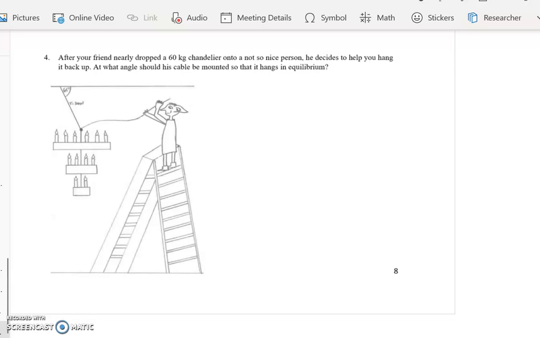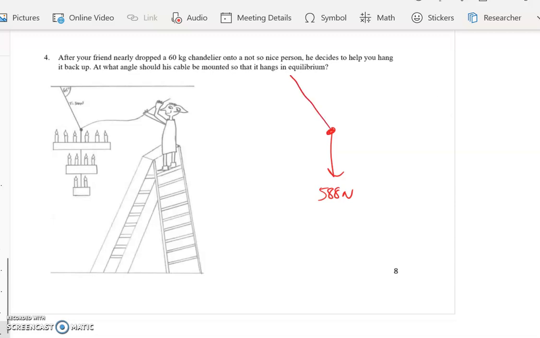Last question here, you've got Dobby hanging up a chandelier that he was going to drop on Bellatrix Lestrange, and we want to know what angle he needs to hang the cable so it hangs in equilibrium. So your free body diagram, you've got your 60 kilogram chandelier, so 60 times 9.8 is 588 newtons pulling down.